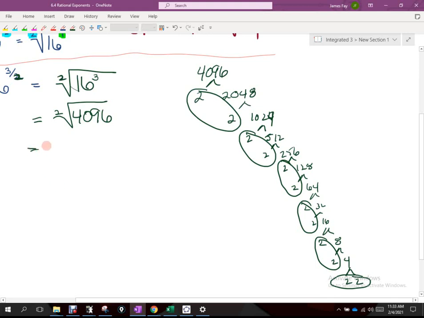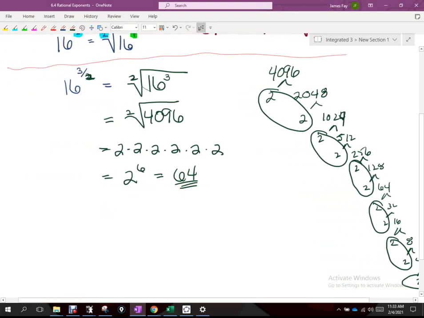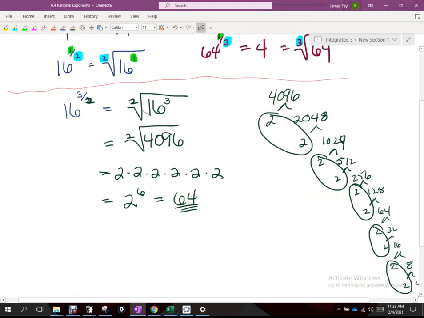So it'd be 2 times 2 times 2 times 2 times 2 times 2, or 6 of them. What's 2 to the 6 the same as? 64, right? Isn't that what we saw with our calculator when we typed in 16 raised to the 3 halves?